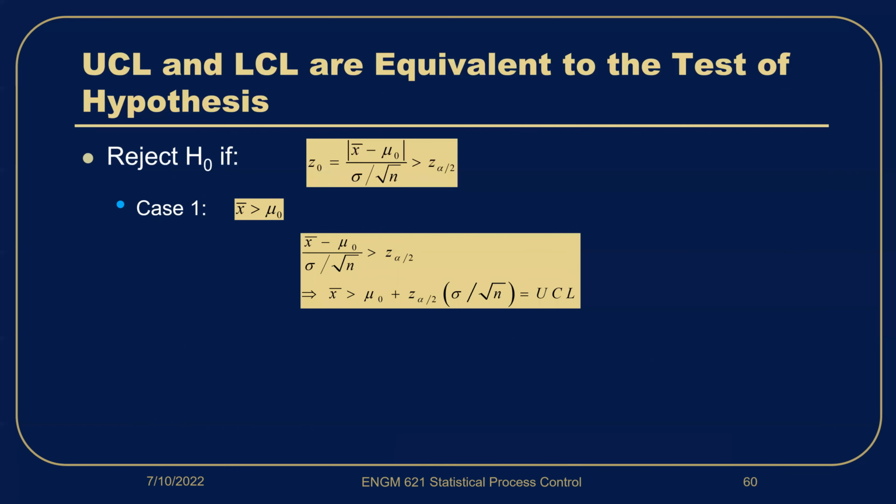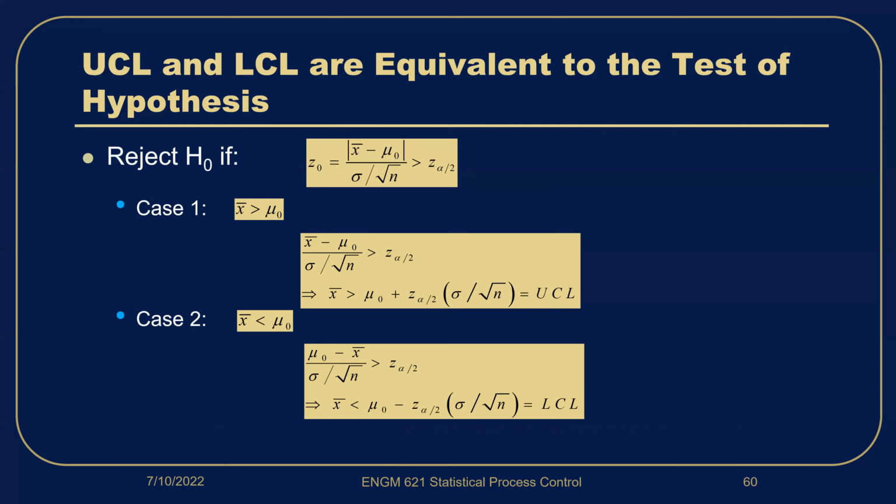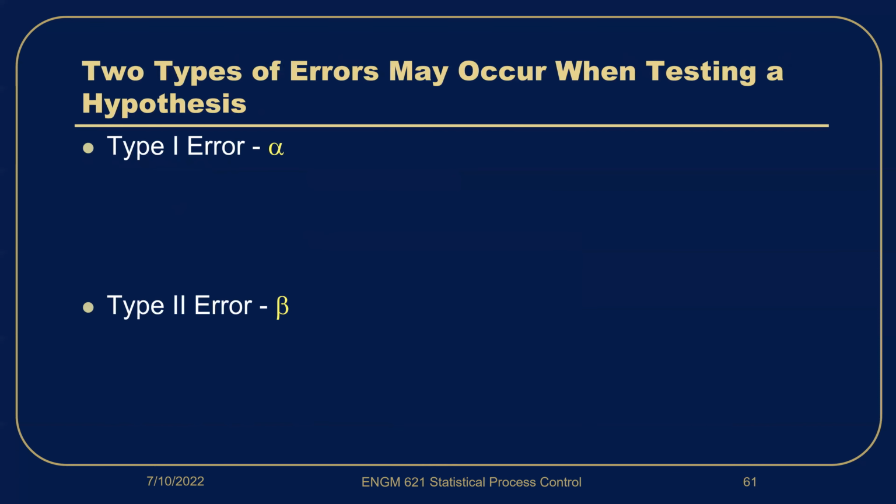The lower control limit is the process mean minus the z value at half alpha confidence times the standard deviation. If the control chart has 3 sigma limits, then z half alpha is 3. That's the distance from the center line to the upper and lower control limits.